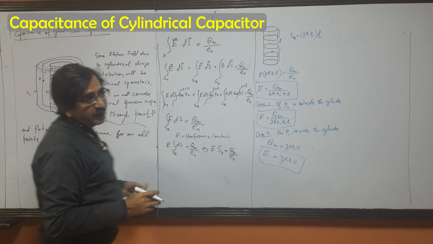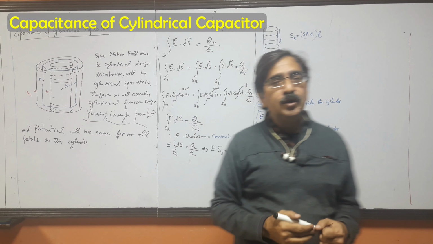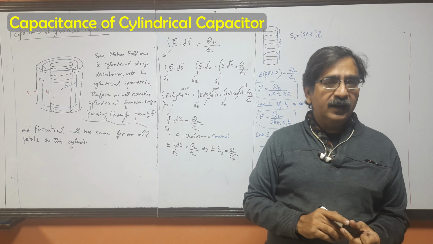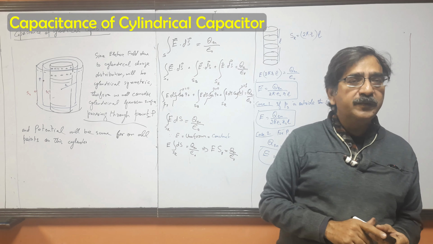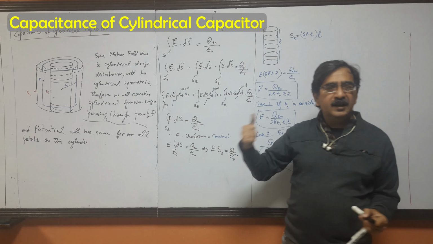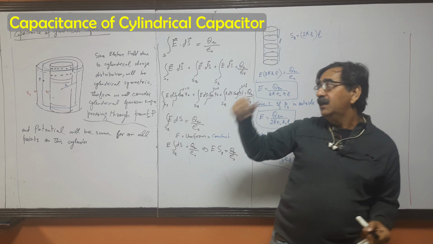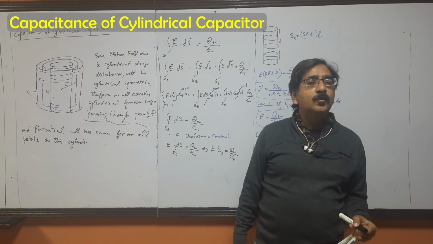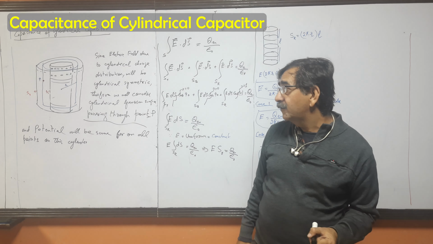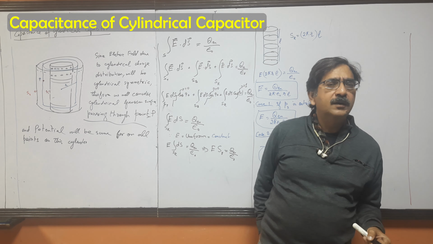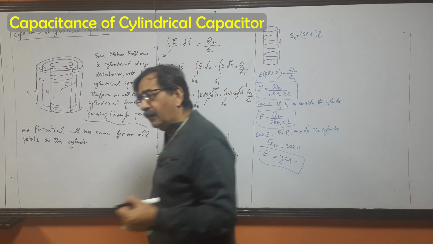Because I have already explained for spherical charge distribution, we have to consider spherical surfaces as equal potential surfaces, because that is spherically symmetric. For cylindrical, the cylindrical surface will be an equal potential surface. Meaning at every point, E will be normal to the surface. In the last lecture, we discussed the equal potential surface, if you may recall.